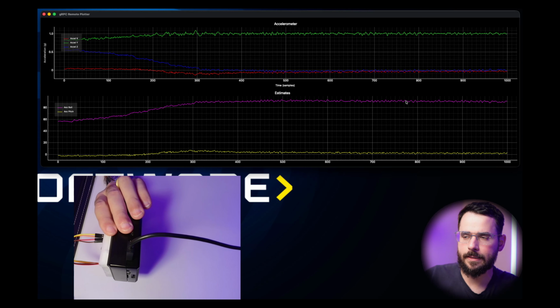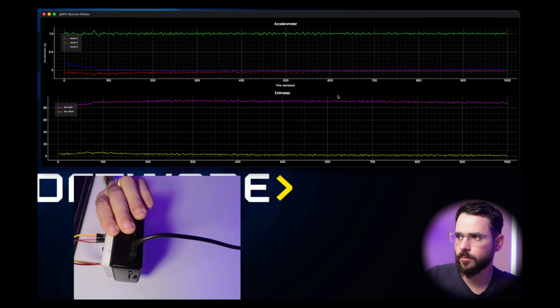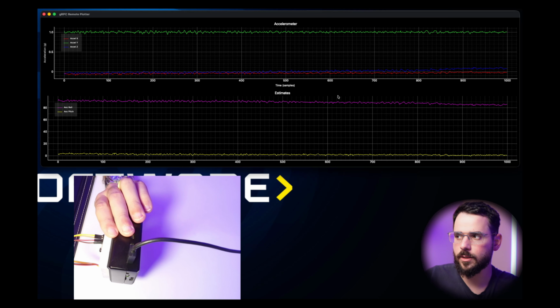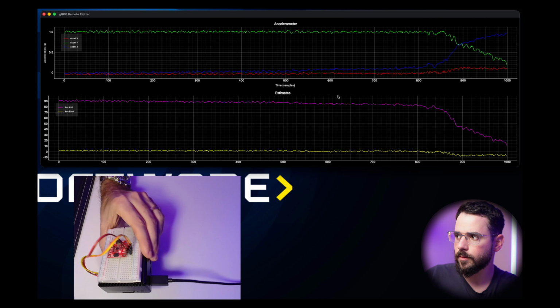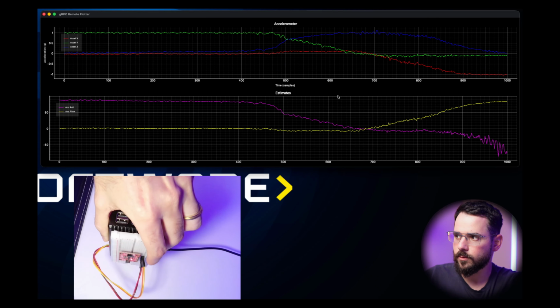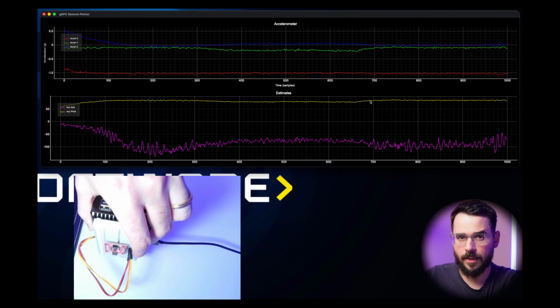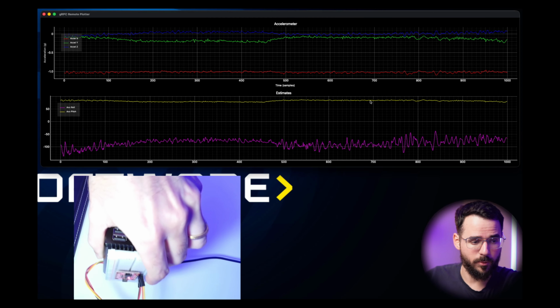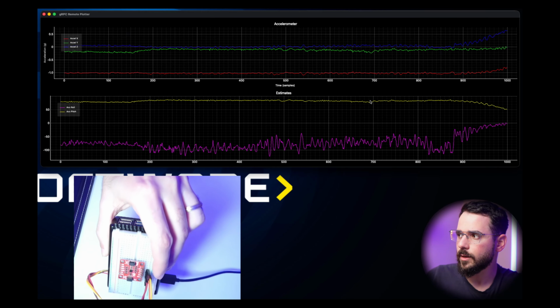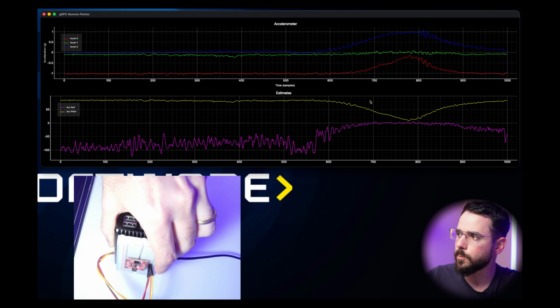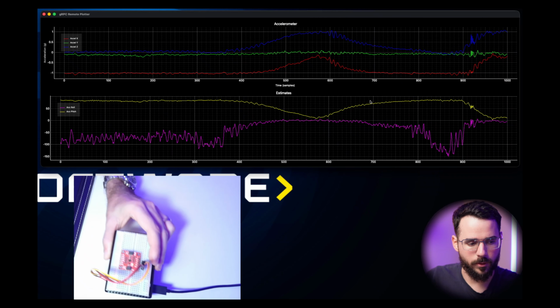Well, pretty good is a strong definition, because to me it seems very noisy, but okay. Then if I do like this, and then we go with the pitch, same thing. See how the roll is feeling the influence of the pitch. Not to think too much about it, but apparently this equation does work up to 90 degrees.